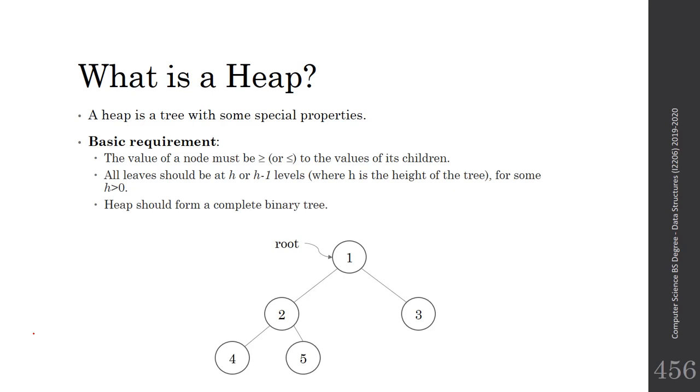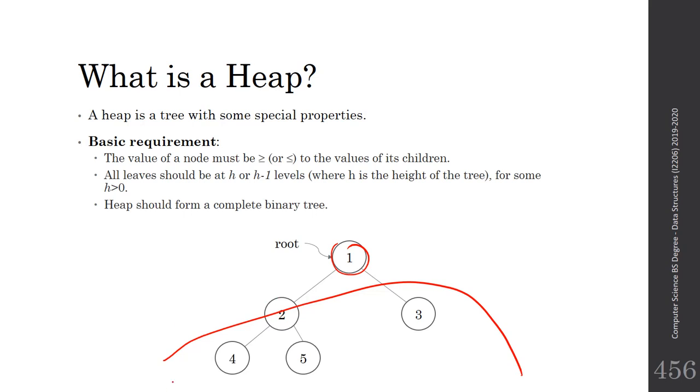So let's move now to the part concerning heap. A heap is a tree and it has some special properties. As in the BST, a heap is either a minimum heap or a maximum heap. When we have an element, the elements below the root element are either greater than the root element or less than or equal to the root element, and so on.